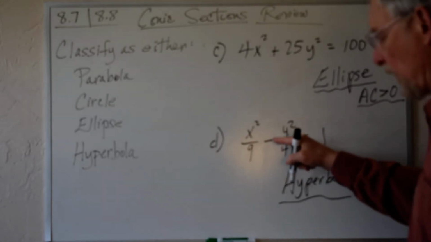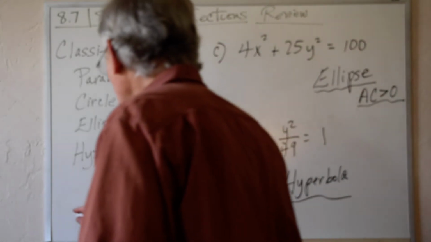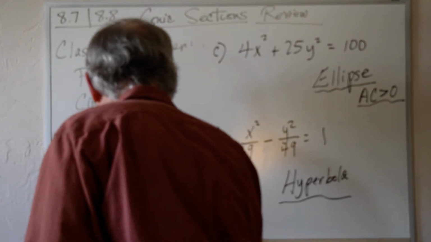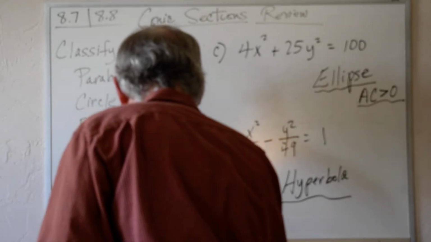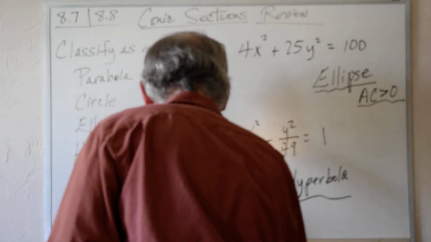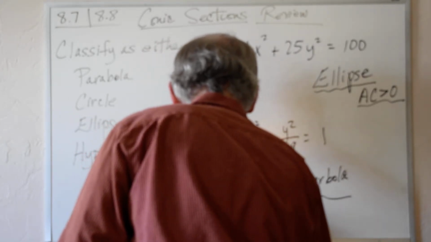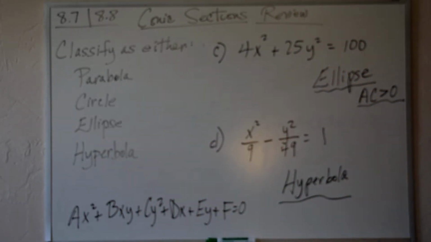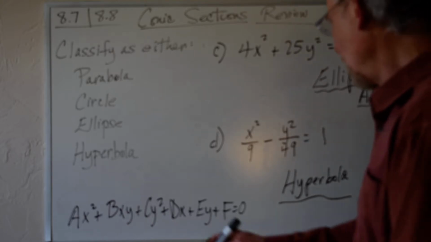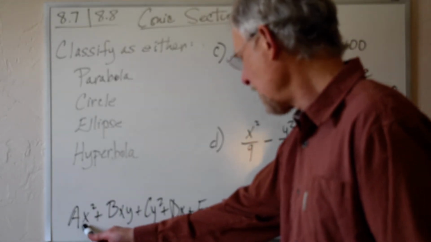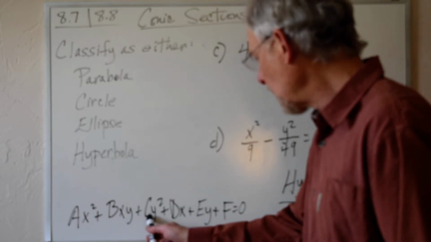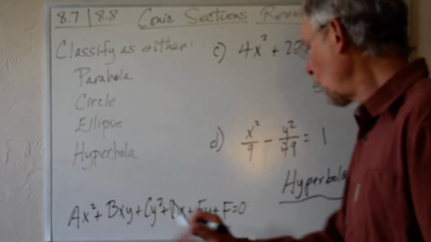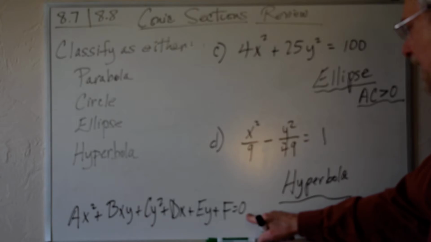If you're looking in terms of coefficients and the standard form, remember the general form of an equation of a conic section is this: an x squared term, an xy term, a y squared term, an x term, a y term, and a constant term, all cleared to one side, equaling 0 on the other side.